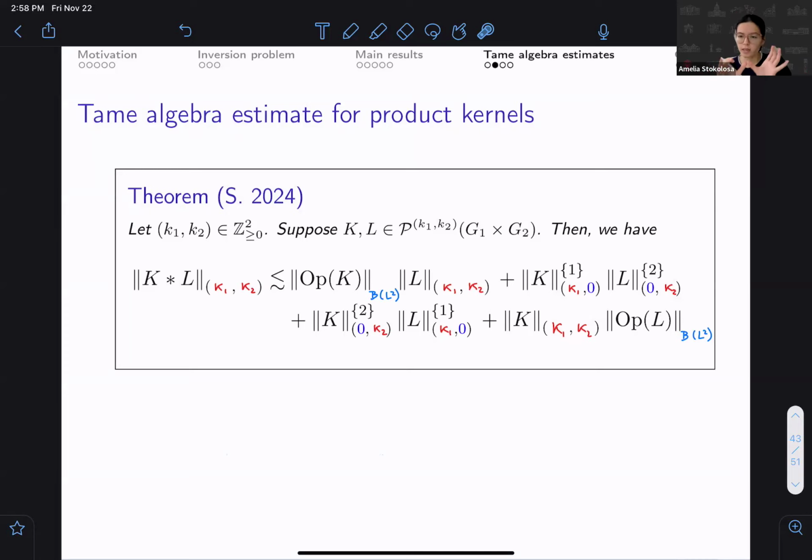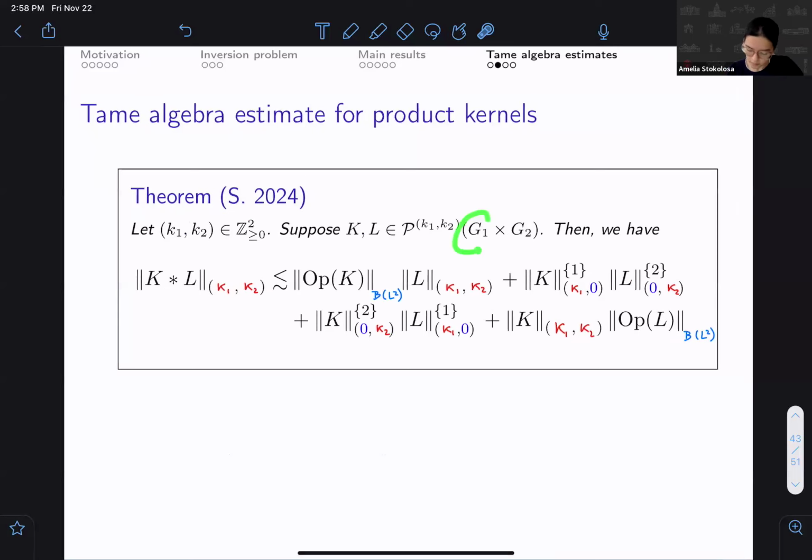And again, the key idea is all the derivatives, let's focus on the derivatives on the first factor, G1. So the derivatives are, you're taking up to K1 derivatives, and they either hit K or L, but not both. So note here that all the derivatives are going to hit L here.